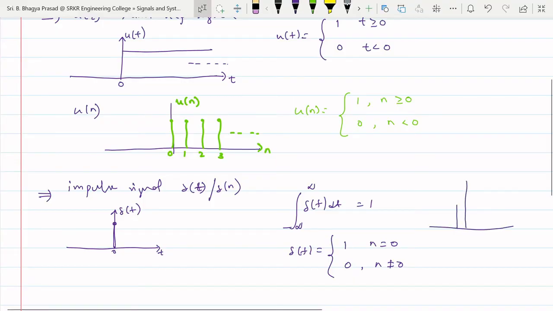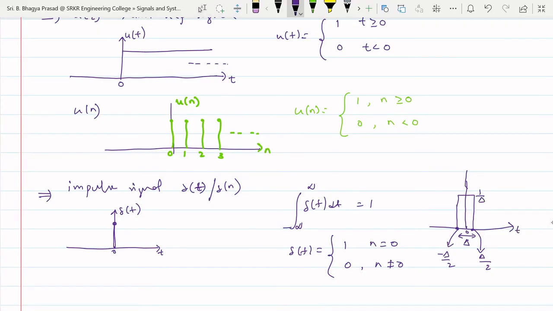So you can take a pulse of duration, or width, delta. This position is minus delta by 2, and this position is delta by 2, this is the horizontal axis, this is t, and the height is 1 by delta.